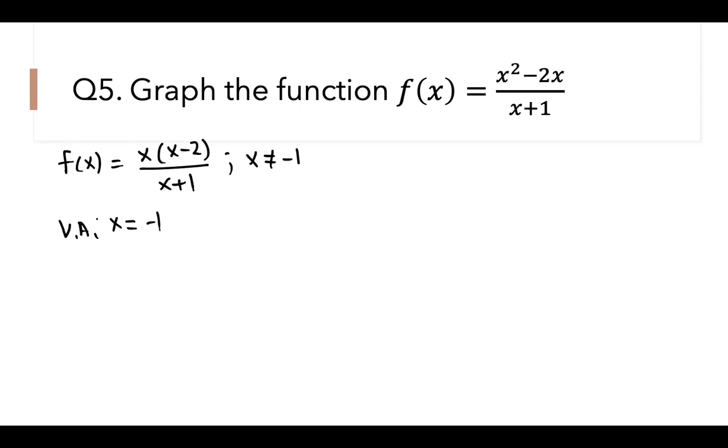Now what about the horizontal asymptote? It looks like my numerator is bigger than the denominator. So that means there's no horizontal asymptote. There is an oblique asymptote because it's greater by 1 degree. So to find the oblique asymptote, you're going to do synthetic or long division. So let me do synthetic.